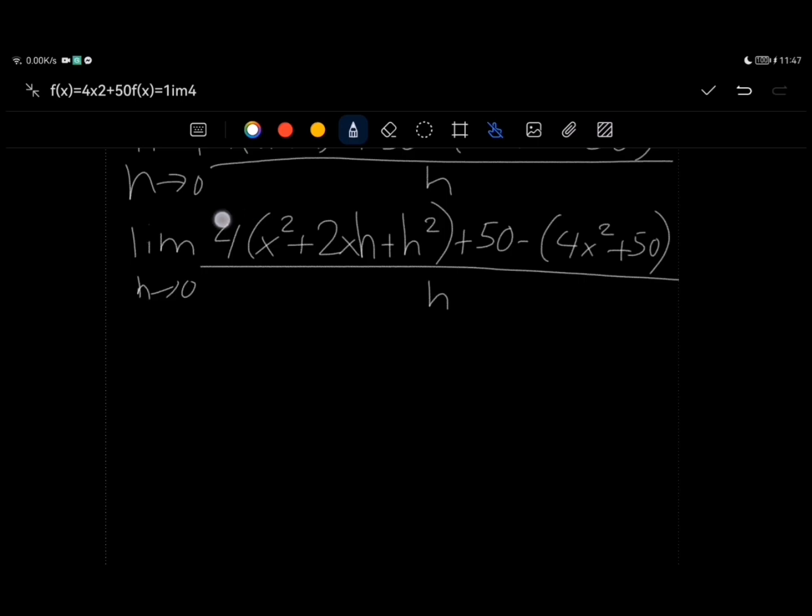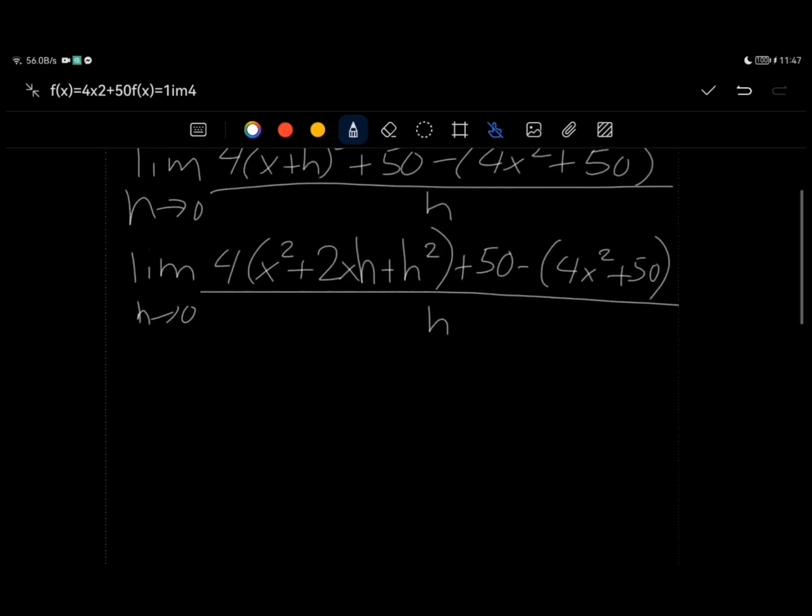We need to evaluate, so that's going to be the limit as h approaches 0.